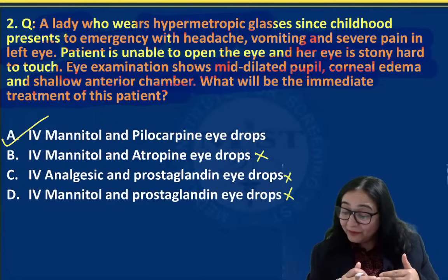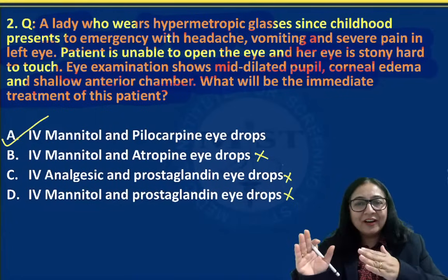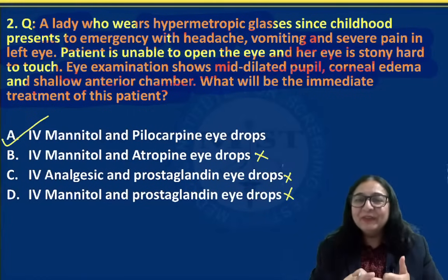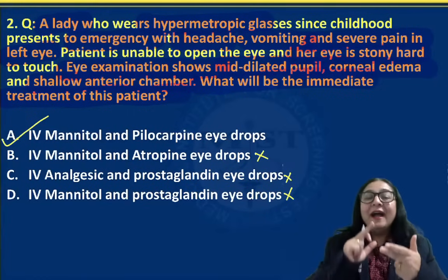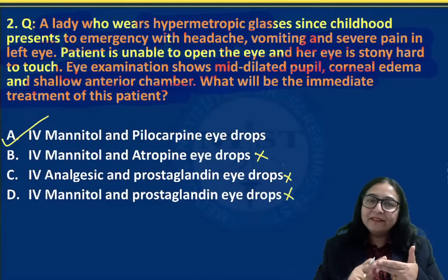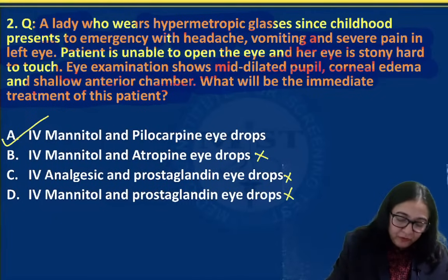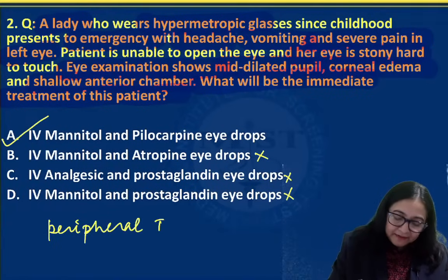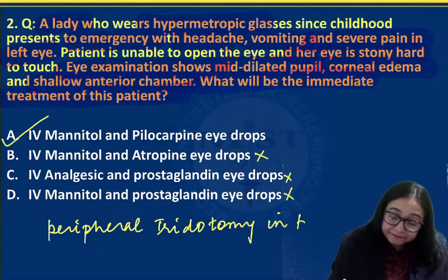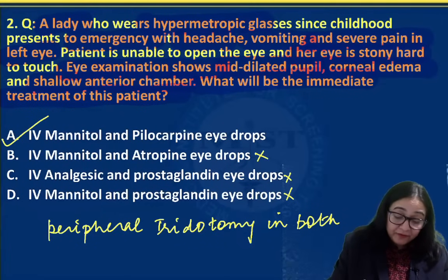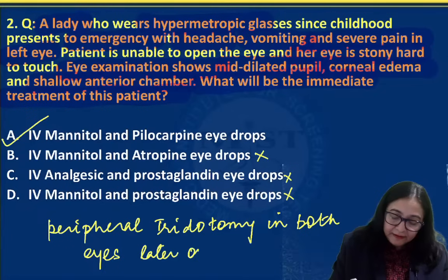Okay, very good beta. So I hope that makes your concept clear about the diagnosis of acute congestive glaucoma and about management of acute congestive glaucoma. And then, as I just mentioned, you will do peripheral iridotomy or laser iridotomy in both eyes of this patient later once the attack is over.